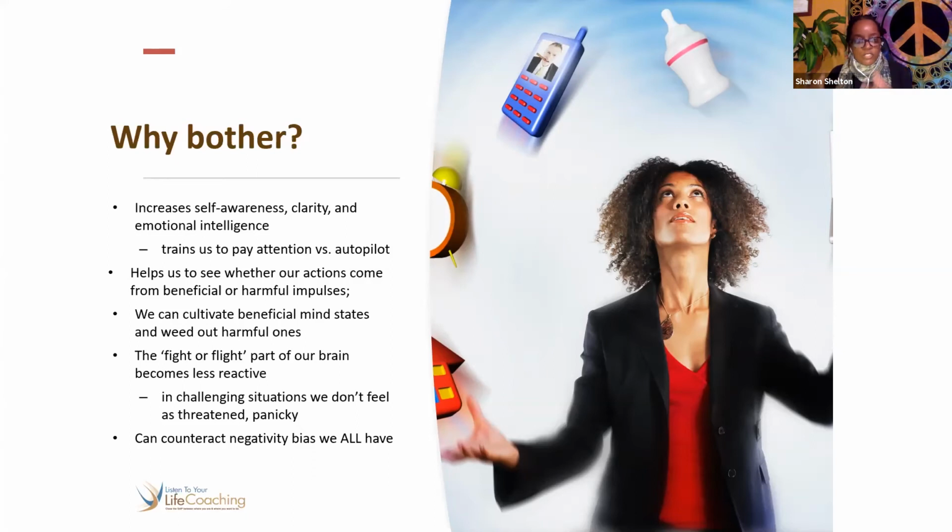The beneficial mind states, and weed out the mind states that say, you know, this is never going to work, I'll never recover, all those mind states that we're all familiar with, that happen to all of us. So mindfulness really allows us to notice what's happening up here, and again, take care of our garden, right?